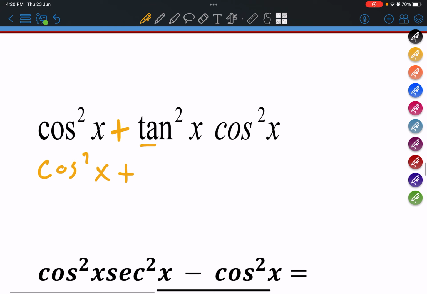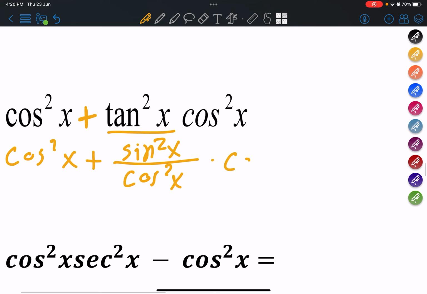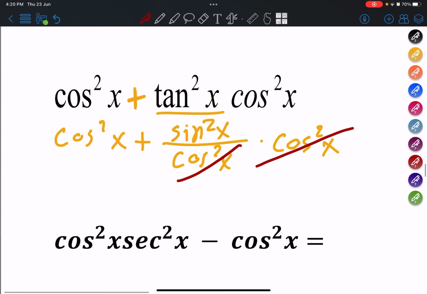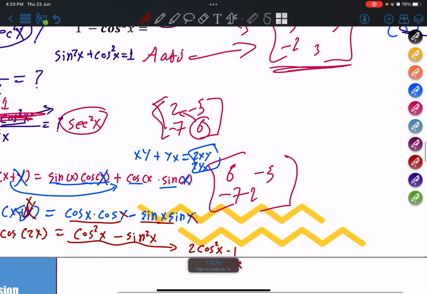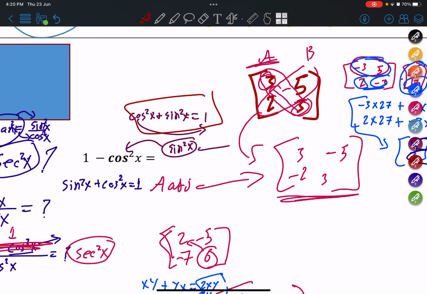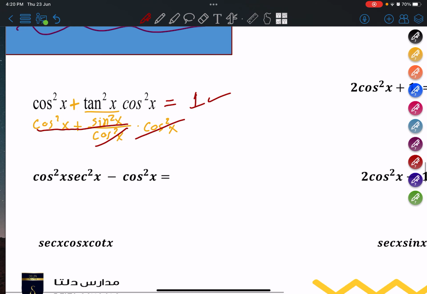Plus, we've learned that tan squared x is equal to sine squared x over cosine squared x, times cosine squared x. So we can cancel these two, and it will leave us with only cosine squared x plus sine squared x, which we said again is going to equal 1. So the answer here is 1.